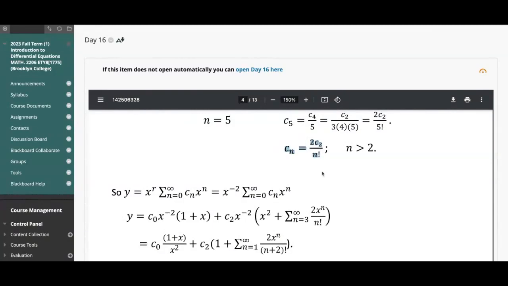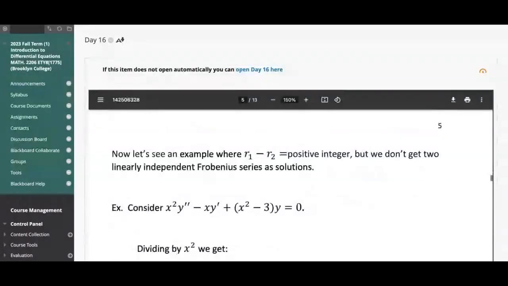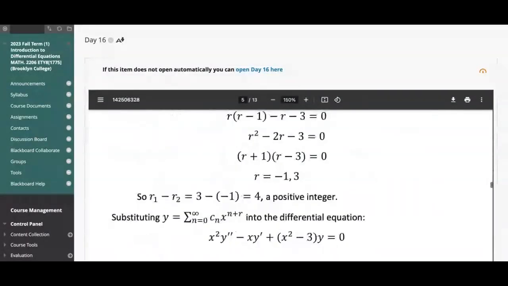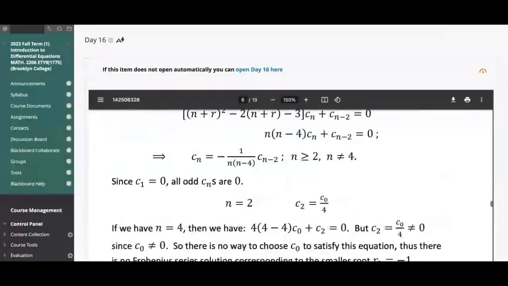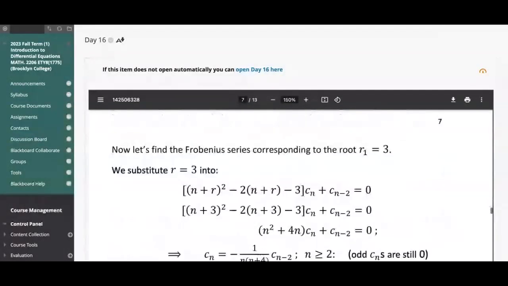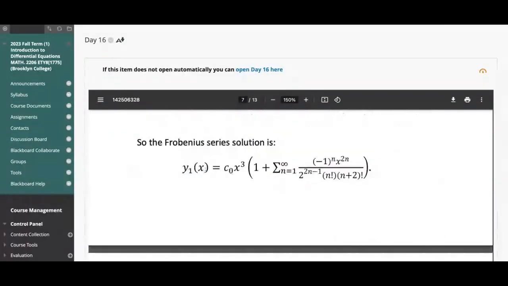In this case we'll find a relation of Cn with the second terms. So the solution looks like this. This is for the Frobenius series solution.